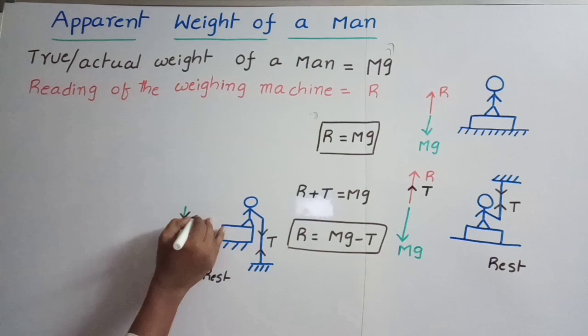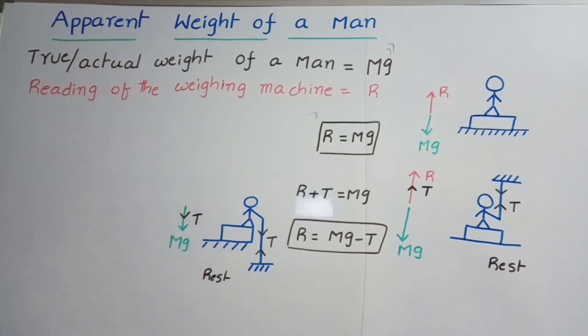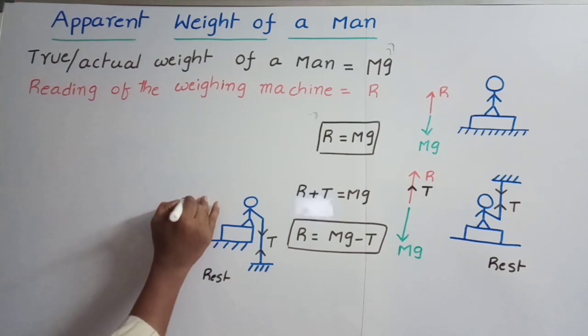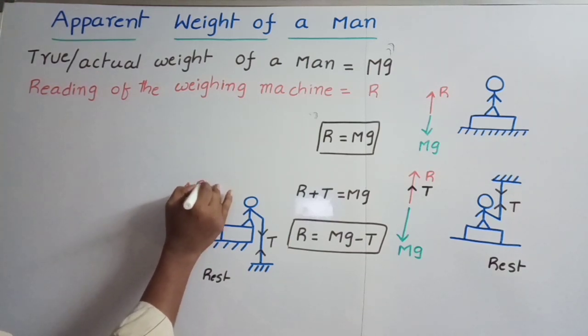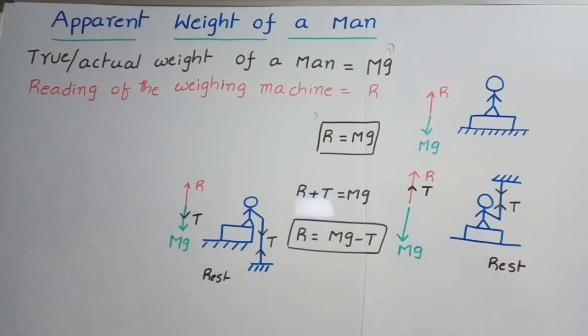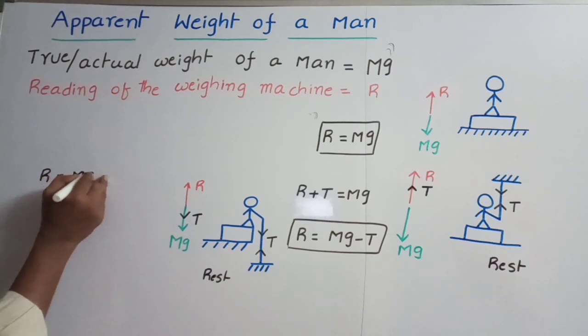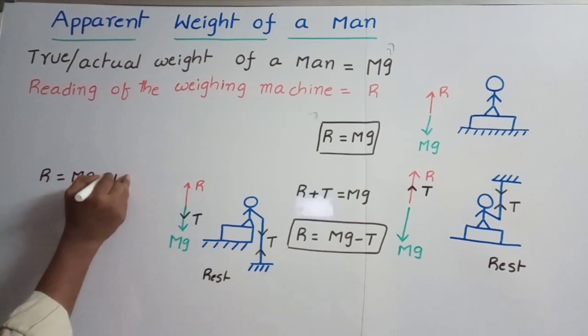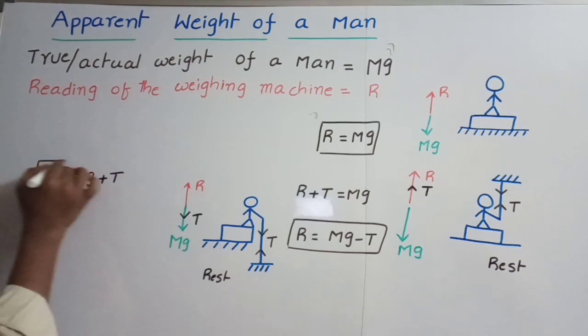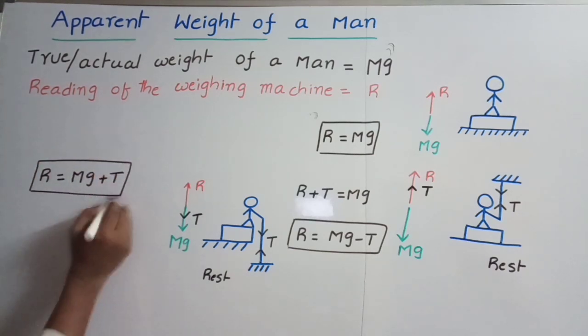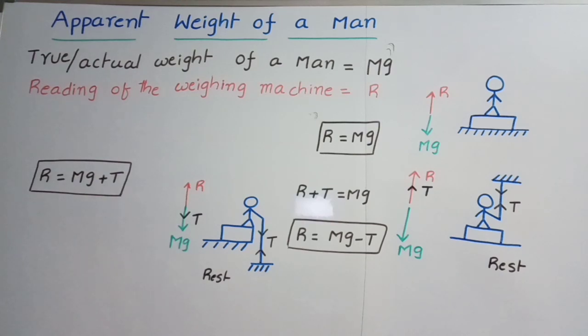But the reading in the machine, which is the normal reaction exerted by the machine, is acting in the upward direction. Then he is at rest. Net force acting on the man is equal to 0. So upward forces are equal to downward forces. Reading R is equal to mg plus tension T. Means the apparent weight or reading given by the machine is more than his actual weight.